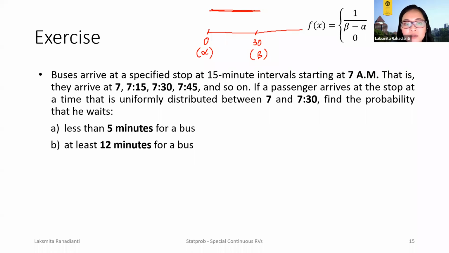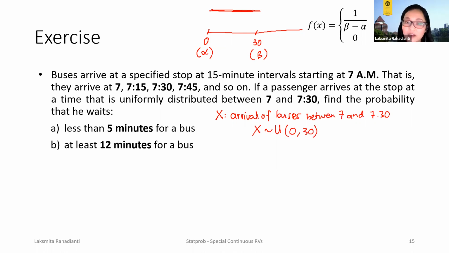So I'm going to denote X as the arrival of buses at the bus stop between 7 and 7:30. I know that X is a uniform random variable valid between 0 and 30 minutes past 7.